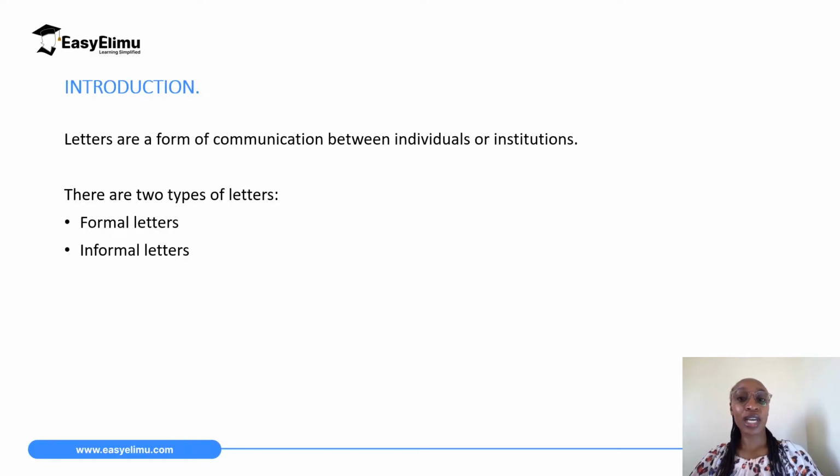And there are two types of letters. There are informal letters and formal letters. Informal letters are what we write to our friends, our relatives. And formal letters are what we write maybe to a principal, to another institution, to the CEO of maybe a factory.